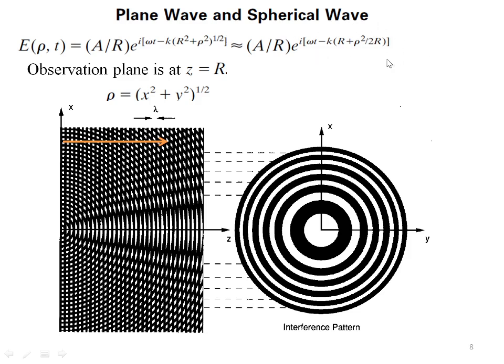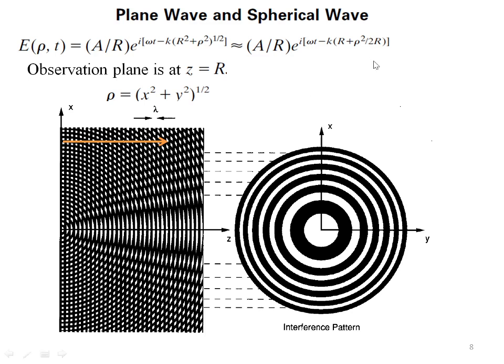By applying the binomial theorem, you can easily find out that this expression turns to this value, and of course here we have neglected the higher order terms. Now the question is, what is the meaning of neglecting higher order terms? It means that rho upon r is very small in comparison to 1.